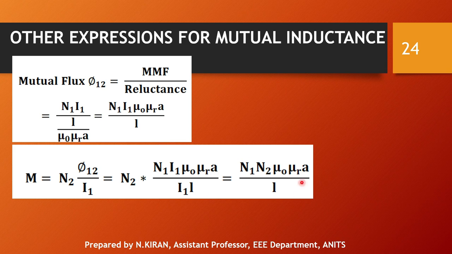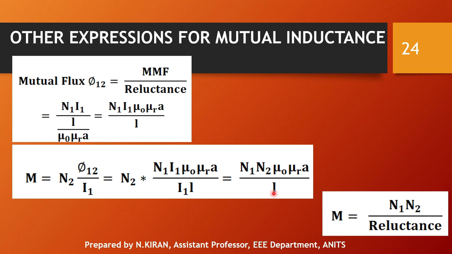I'll get M equal to N1 N2 mu naught mu R A by L. If I bring this term to the denominator, L by mu naught mu R into A is nothing but reluctance. So M is equal to the product of the number of turns of the two coils divided by the reluctance of the coil.